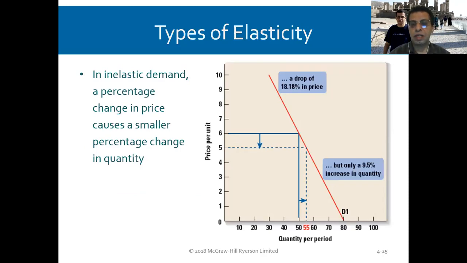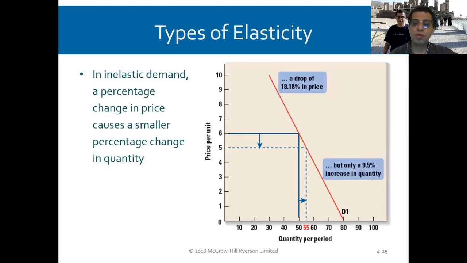Here, in a straight line, the demand varies. Now, inelastic demand means people are less sensitive to change. A percentage change in the price causes a smaller percentage change in the quantity.